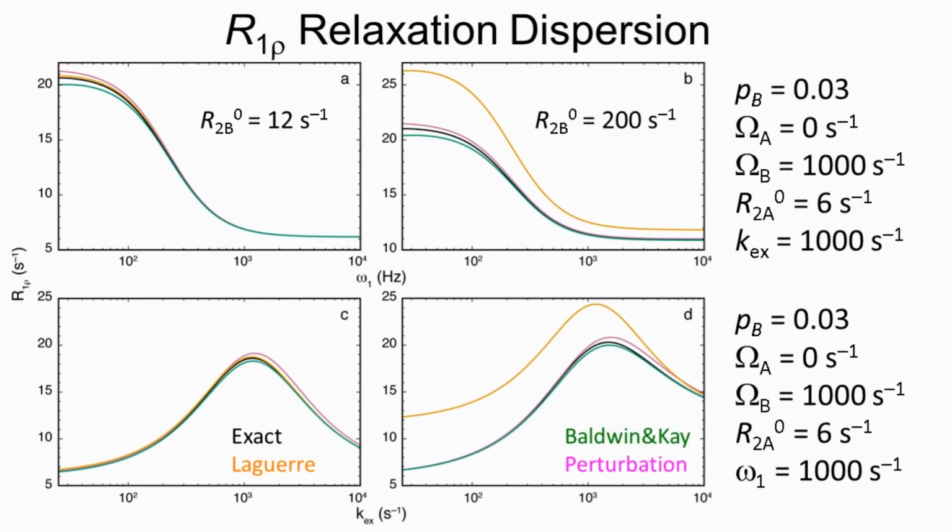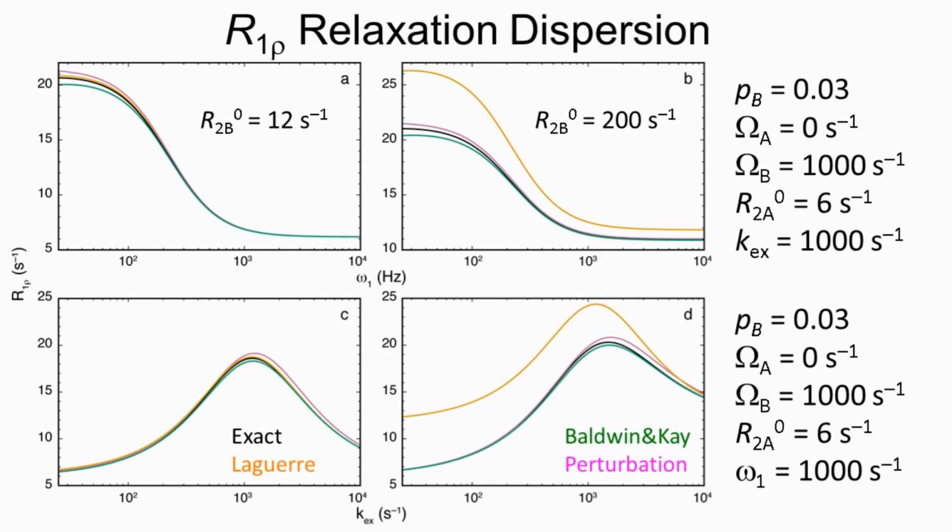On the other hand, if R2b is increased to 200 per second, then the orange curve deviates quite substantially. The orange curve is the approximation derived assuming the rate constants were equal to each other. And of course, this turns out to be a bad assumption when they differ by almost 200 per second.